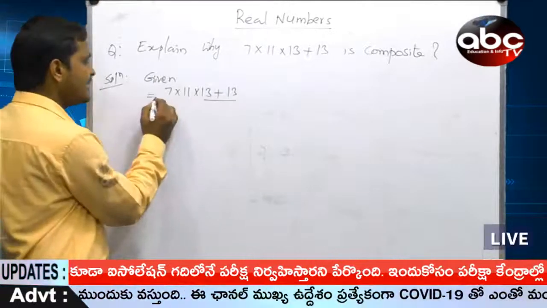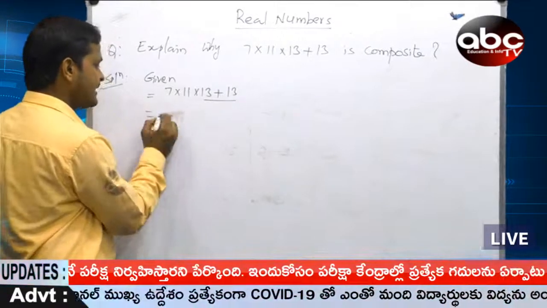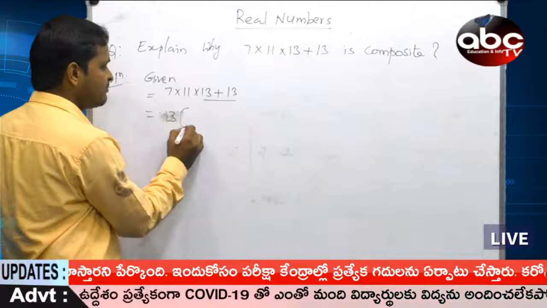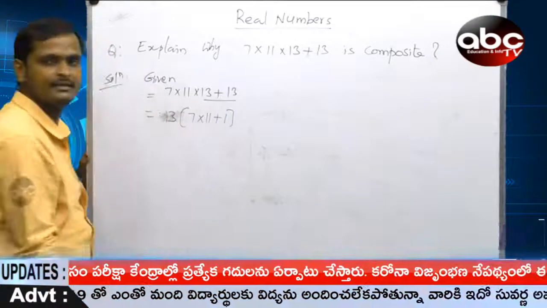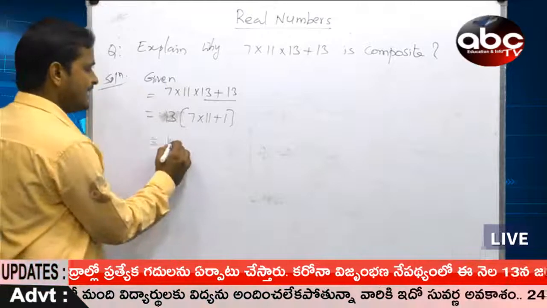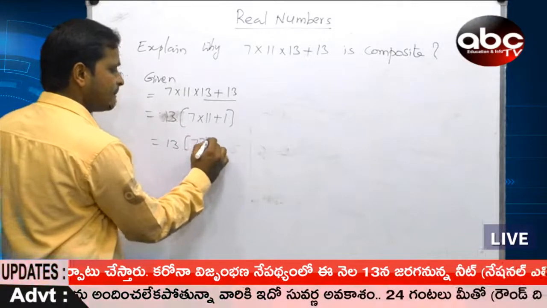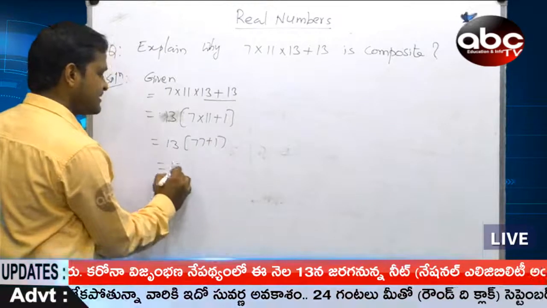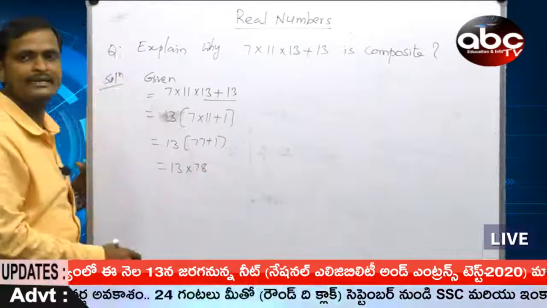Then you can write 13 common: 13 into (7 into 11 plus 1). 13 into 7 11s is 77 plus 1, so 13 into 78.